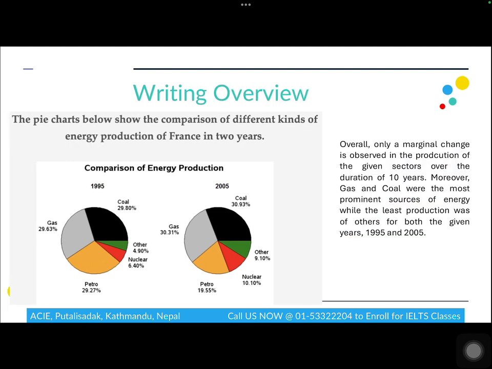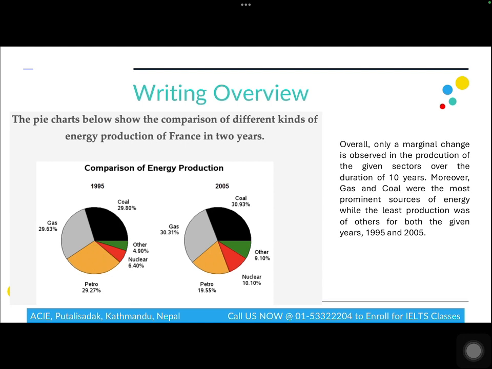Looking at the overview for this question, we just made notes that gas and coal both have the highest production in both the years, whereas others has the least. Apart from that, there is a very marginal change in the production of these sources in a period of 10 years, right?